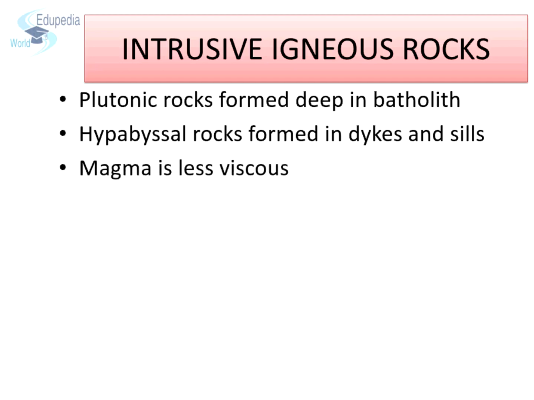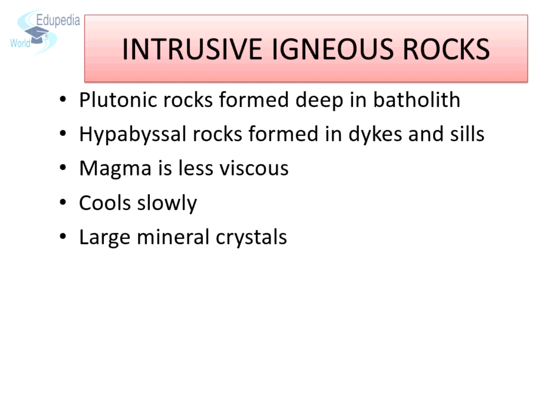On account of the trapped gases, magma is more fluid than lava. Also, the surrounding rock is hotter compared to the atmosphere. Hence, cooling of magma would be slower and mineral crystals will have ample time to grow.